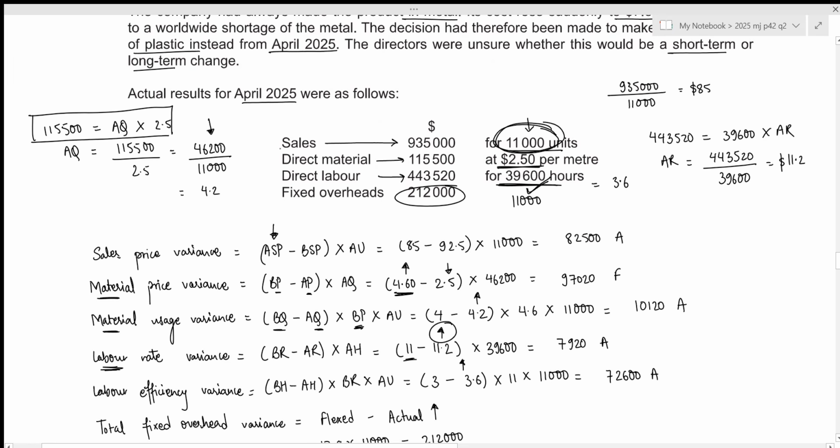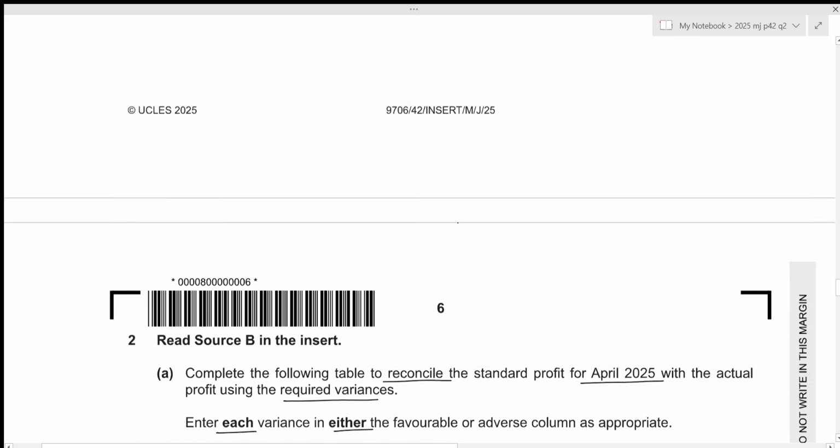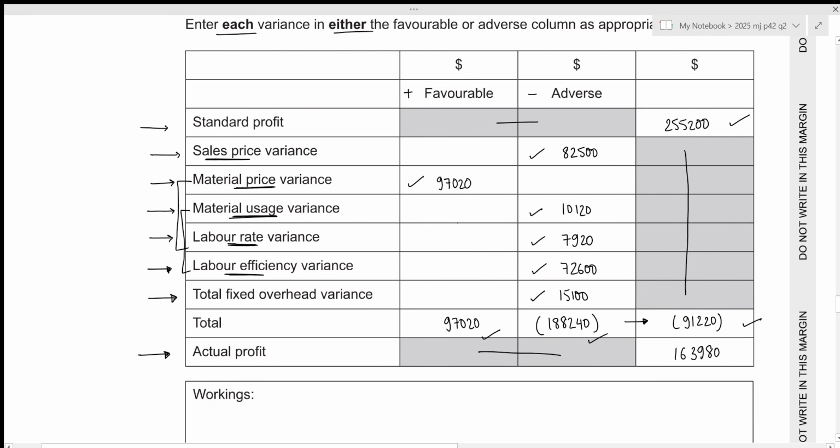So we can just subtract all of these costs from the sales value. So that will be 935,000 minus 115,500 minus 443,520 minus 212,000, which will again result in the value of 163,980.